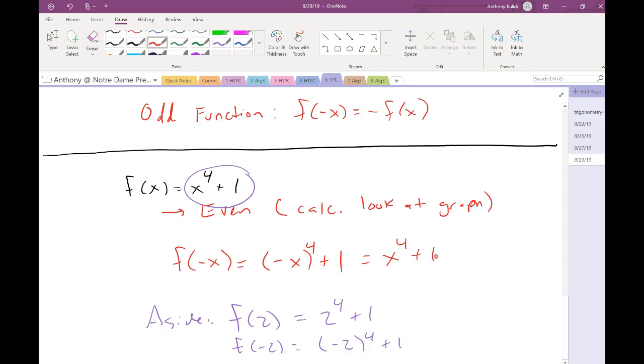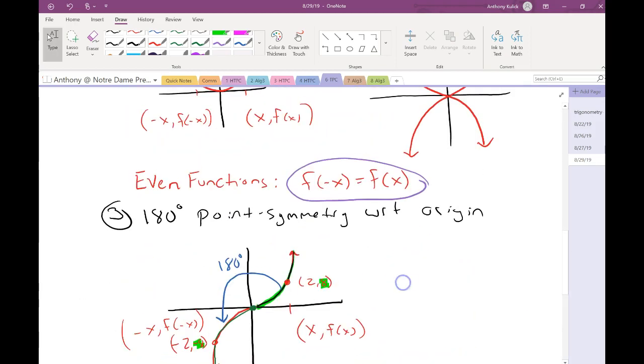Everybody agree with that? Notice that this is exactly what we have here. So what we've shown is that f of negative x equals f of x, which was our definition for even. That's the algebraic interpretation rather than the graphical interpretation. Remember, we wrote that down up here.